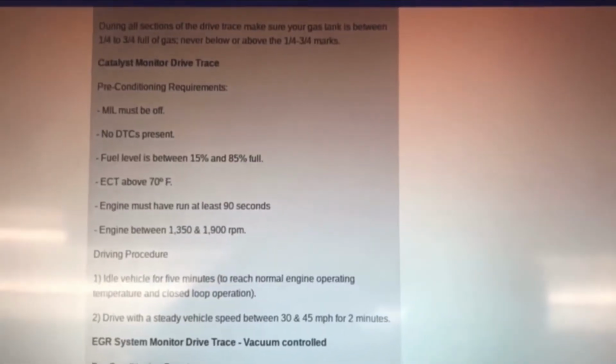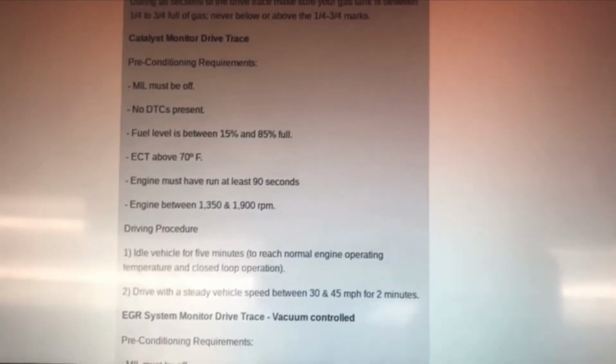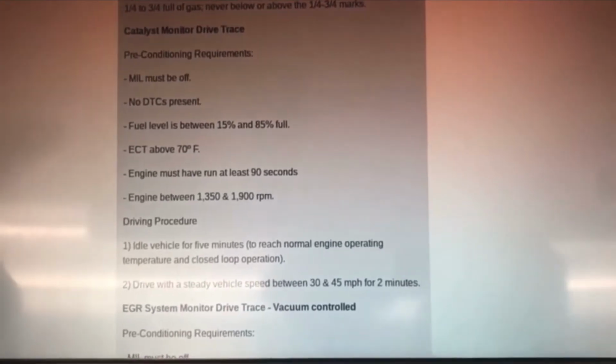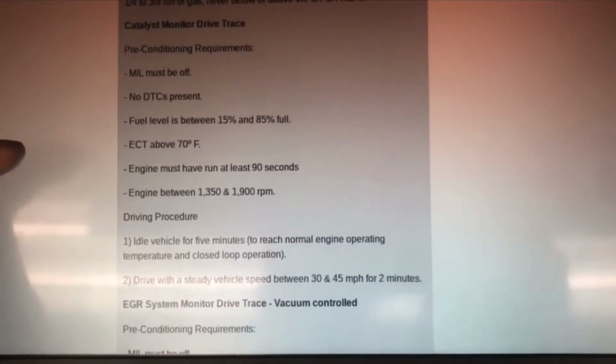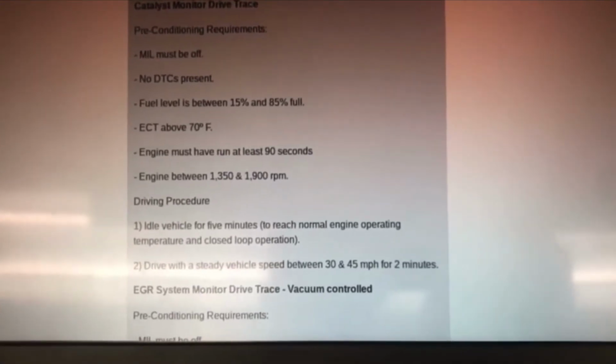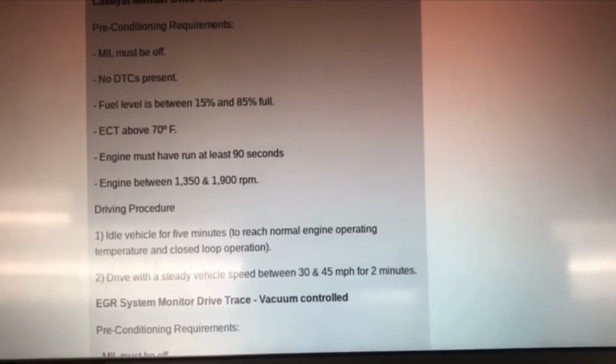This is the procedure that we found for getting the catalyst monitor to run. To start off with, your MIL light must be off, there must be no DTCs. Your fuel level should be between about 15 and 85%. Your engine should be warm, and the engine should have been running for about a minute and a half.